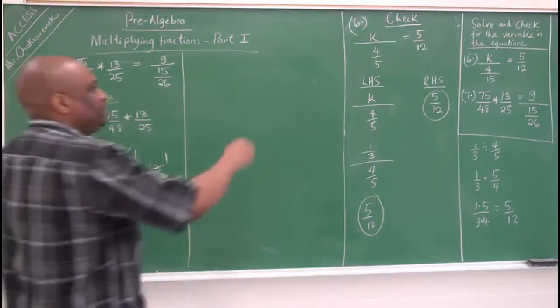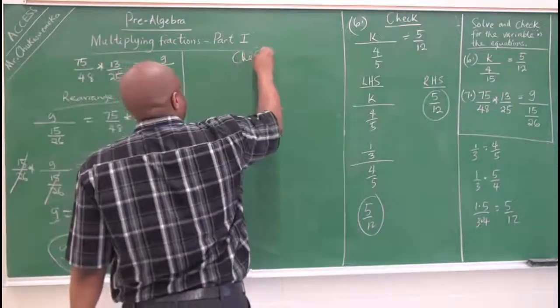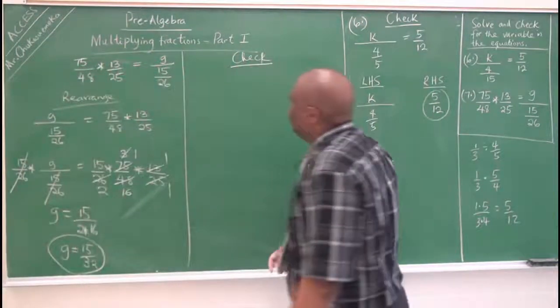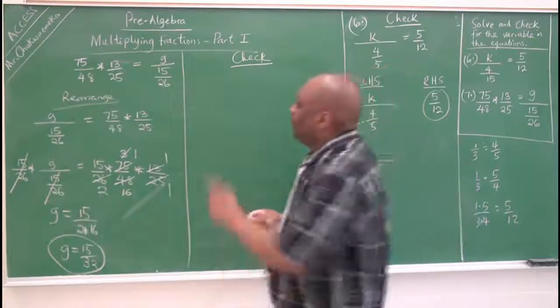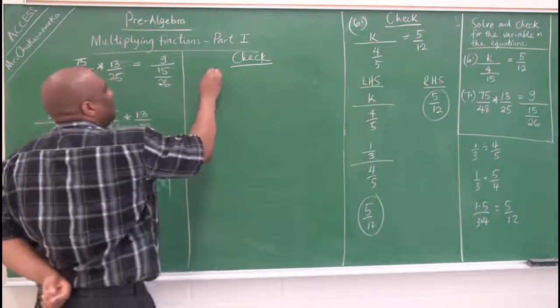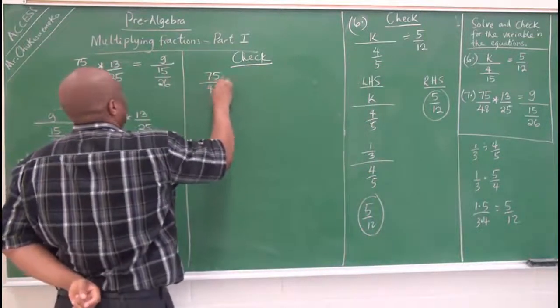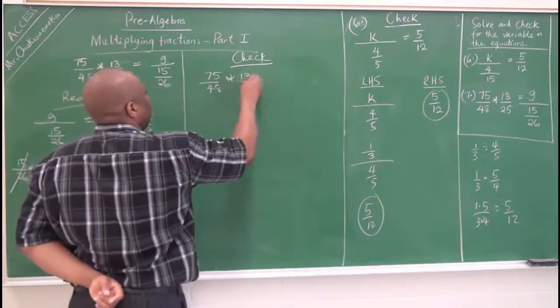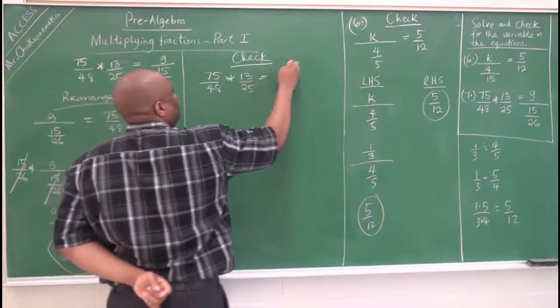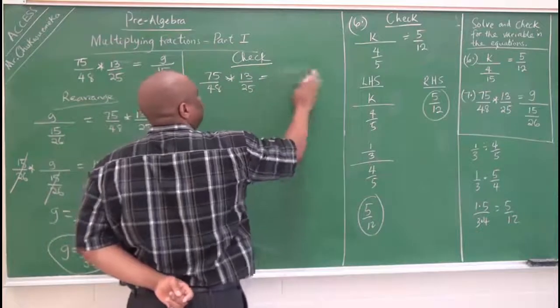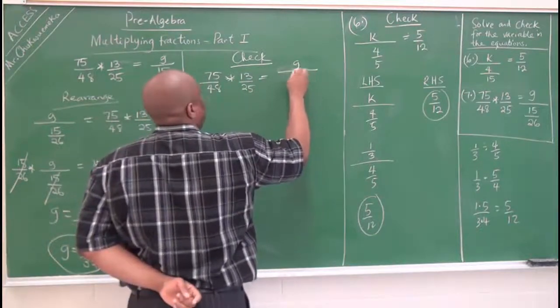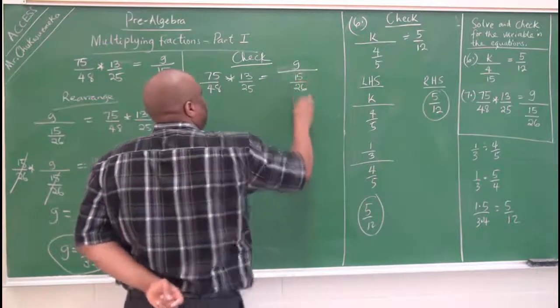Now let's check to see whether we are right. In checking, what do we do first? We write the main problem: 75 over 48 times 13 over 25 equal to G divided by 15 over 26.